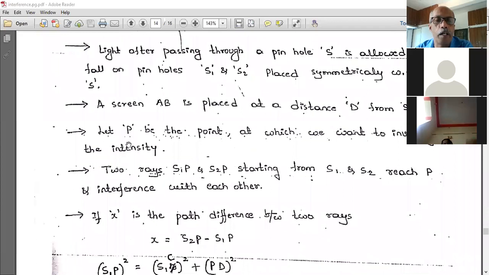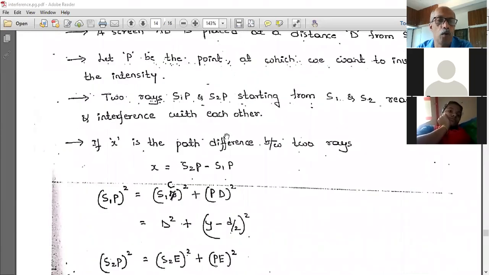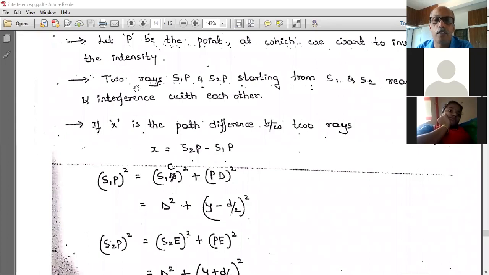There is a certain point P on the screen AB where the interference pattern will be studied. Now, we have two rays reaching point P, one is S1P and the other is S2P.